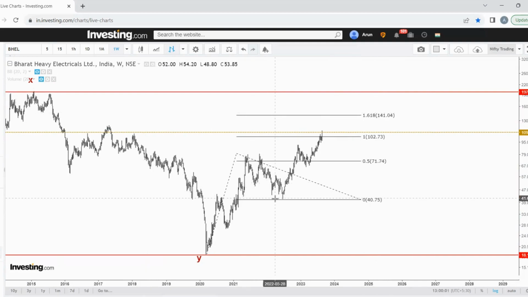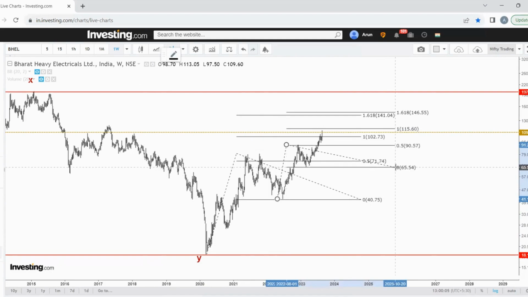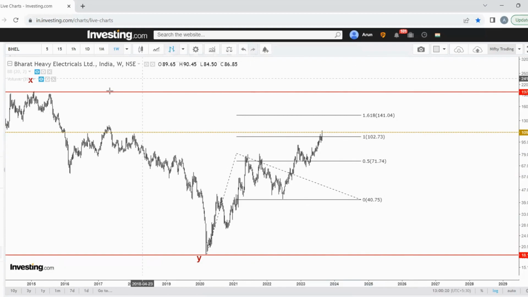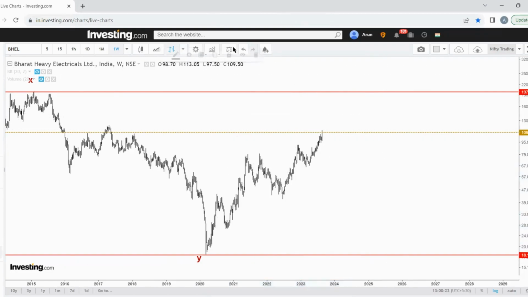And if we take this from this level, it approximately comes around 140 to 145. So we can expect wave 3 can end here, and then 4 and 5. This is the expected price movement.